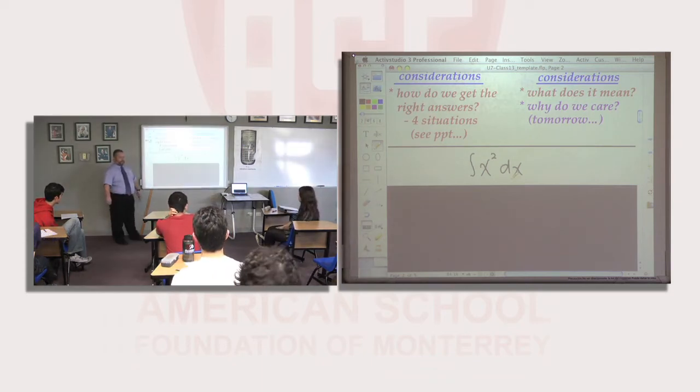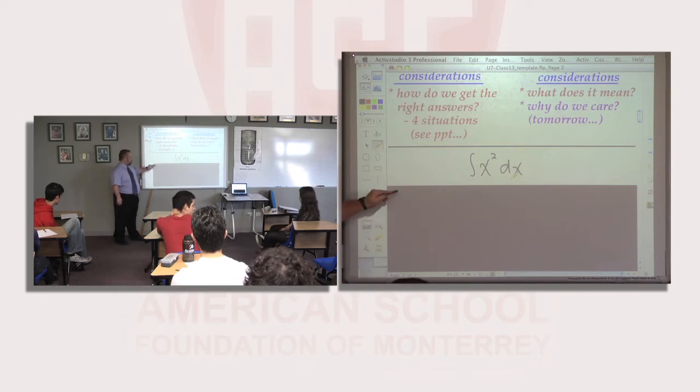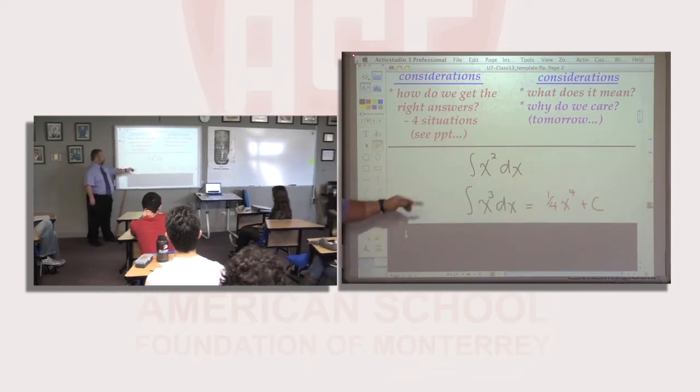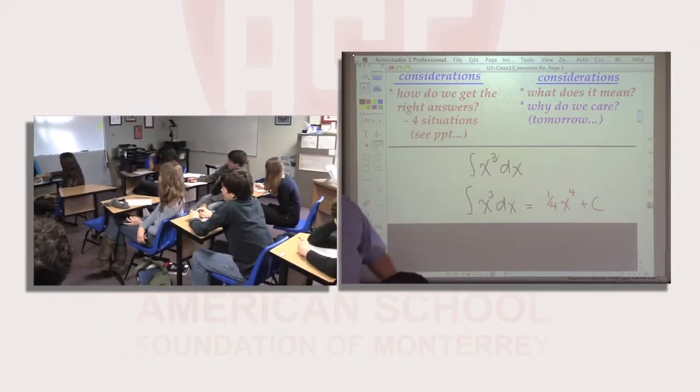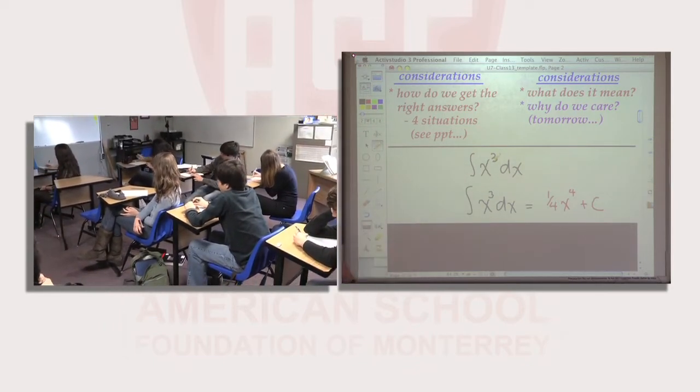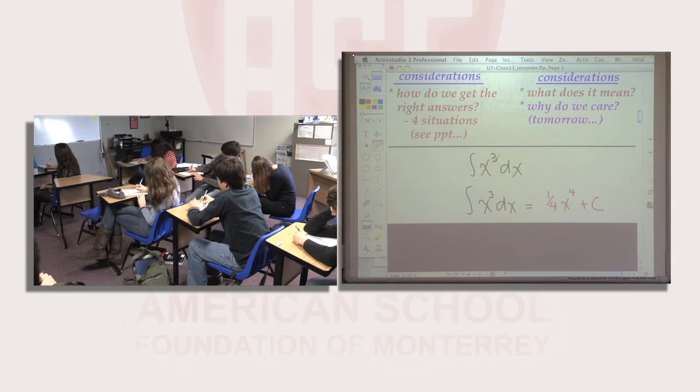Danielle, what'd you get? 1/3 x cubed plus c. Sorry, I lied. It was a 3. So it's going to be 1/4 x to the 4th plus c. Same deal, yes? Okay. Everybody okay with that?